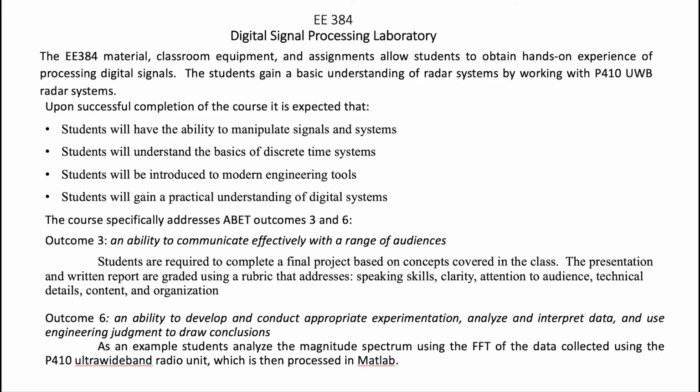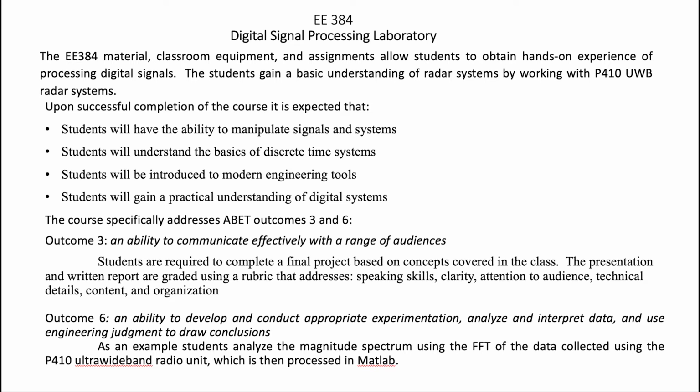In satisfying Outcome 3, students are required to complete a final project based on concepts covered in class. It is graded using a rubric that addresses, for the presentation, speaking skills, clarity, and attention to the audience, and for the report, technical details, content, and organization.